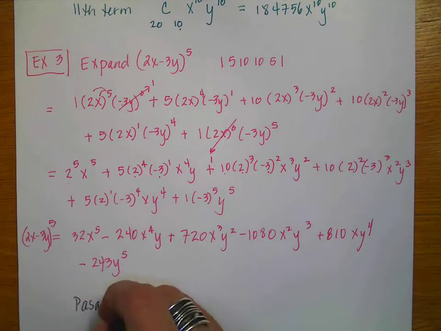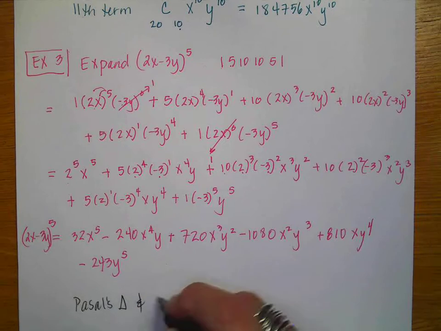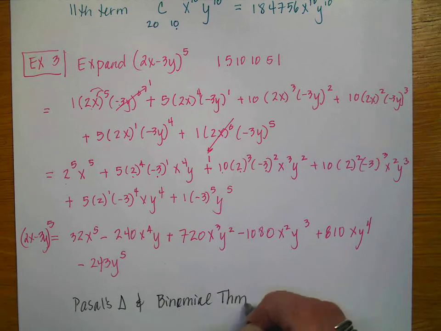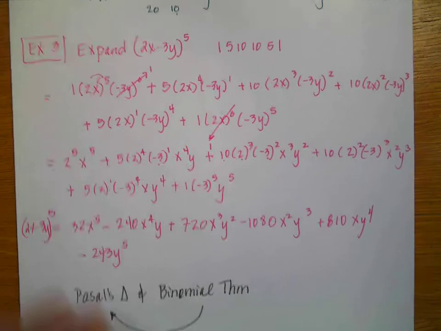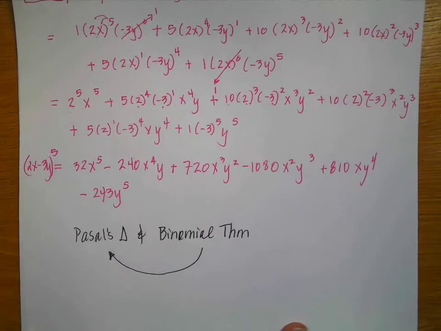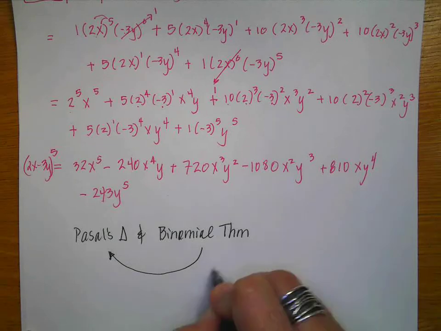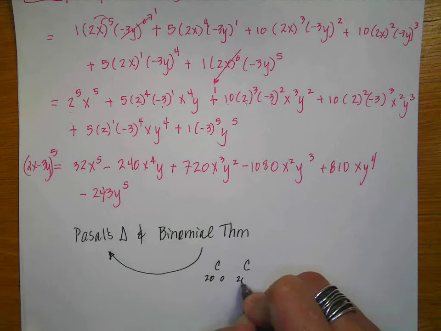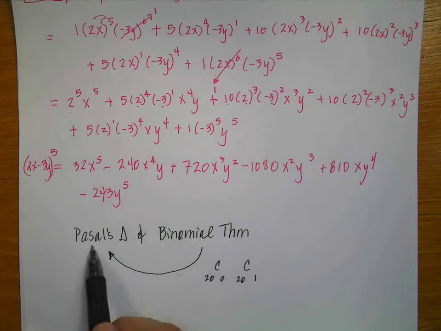So another thing that I need to point out, because now we have used Pascal's triangle and we have technically used the binomial theorem. So the binomial theorem generates Pascal's triangle, okay? So when a problem in the book asks you to use the binomial theorem, those are your combinations, 20 choose 0, and then combination 20 choose 1.